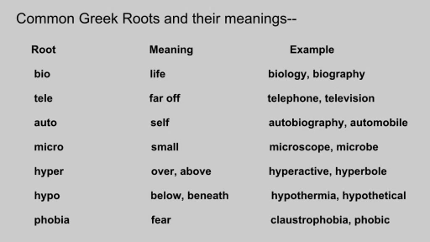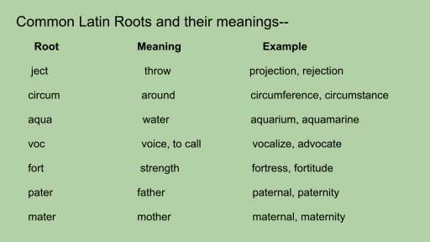Examples are hypothermia or hypothetical. And phobia means fear. An example would be claustrophobia, a fear of small spaces, or to be phobic, which means you have phobias. Let's go on to our common Latin roots and their meanings.